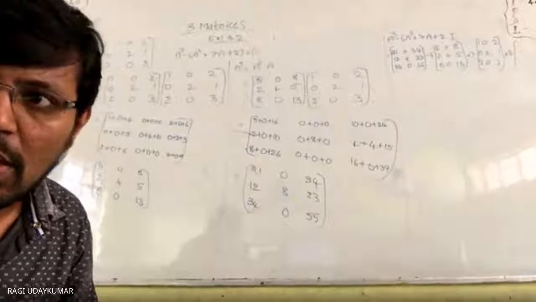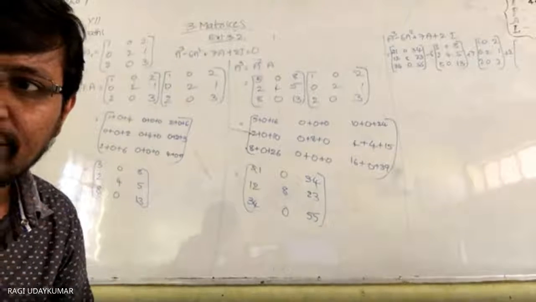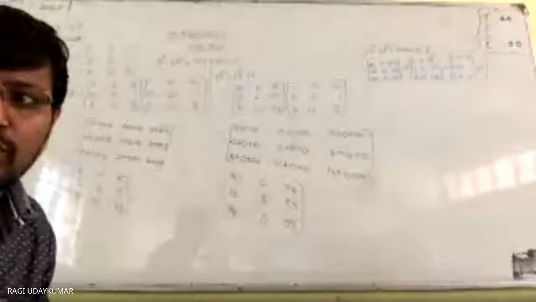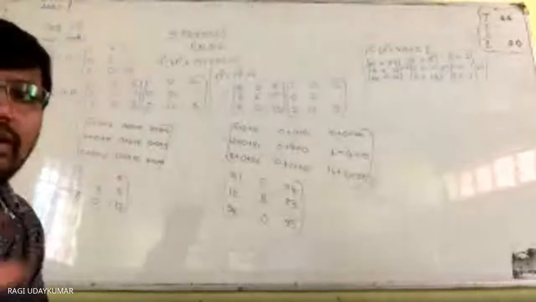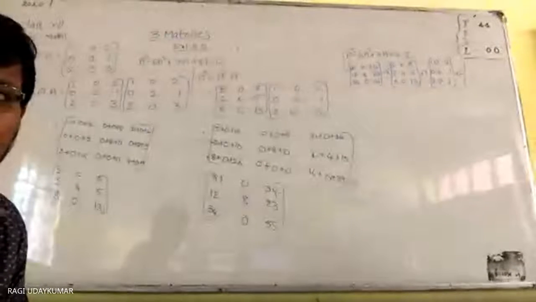Now is it visible? Yes, sir. Clear? Yes, sir, clear. So I have completely switched off and on again. Now if you see the last step here, is the board visible to you?